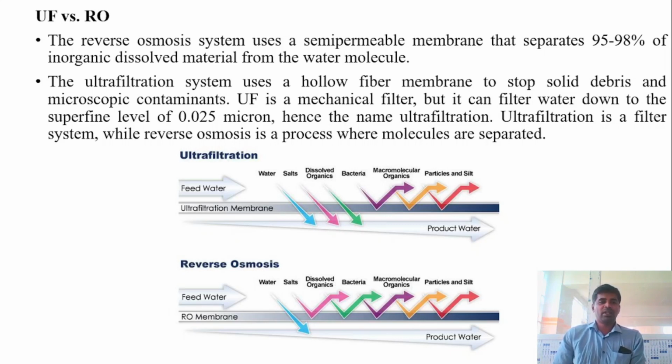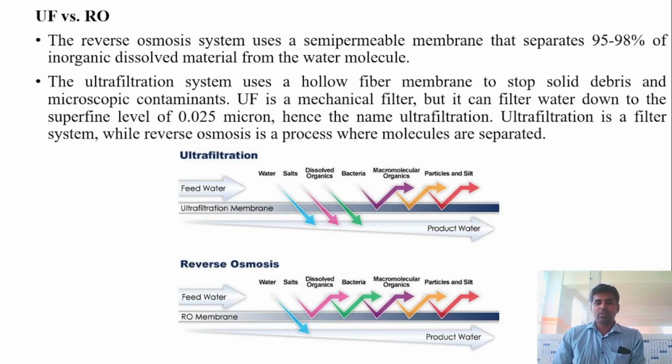But in the case of reverse osmosis, we can separate it out. The reverse osmosis system uses a semi-permeable membrane that separates 95 to 98% of inorganic dissolved material from the water molecule. That is, reverse osmosis can separate out the dissolved material also.